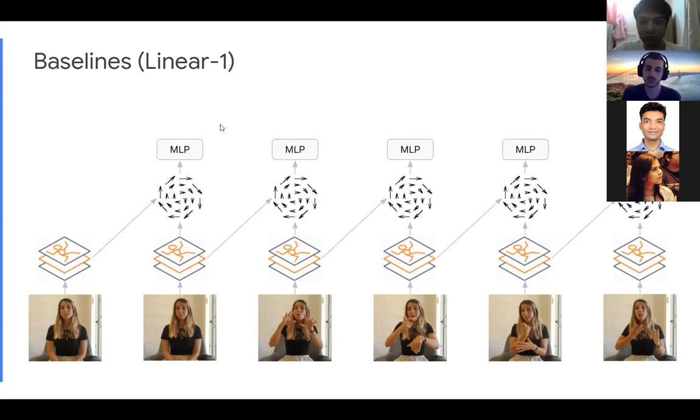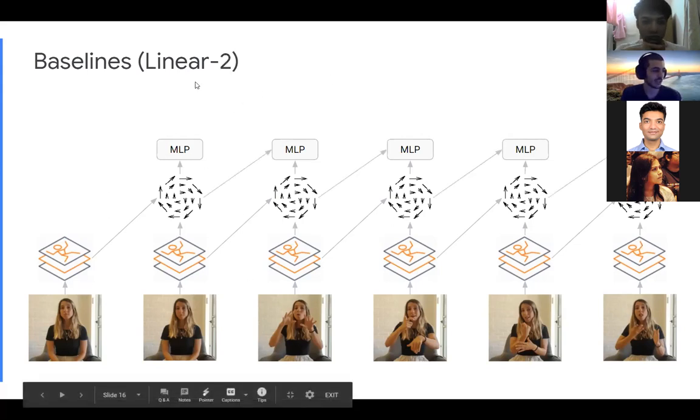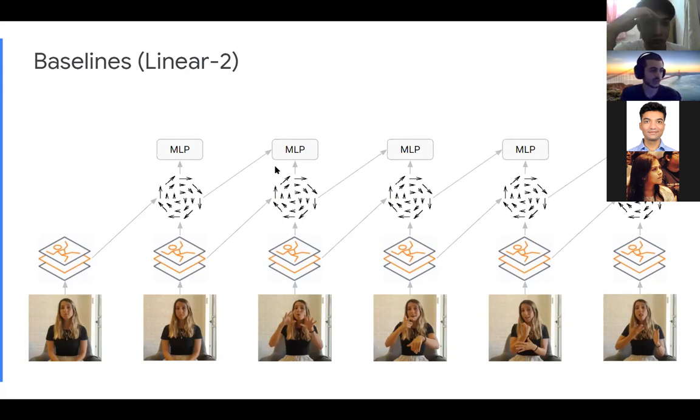We tried to extend this baseline to have some more context. So this is just an example called linear 2, where it takes the optical flow from the two last optical flows that it gets. So it has a bit more context. And we experimented with having 25 frames of context or 50 frames of context.